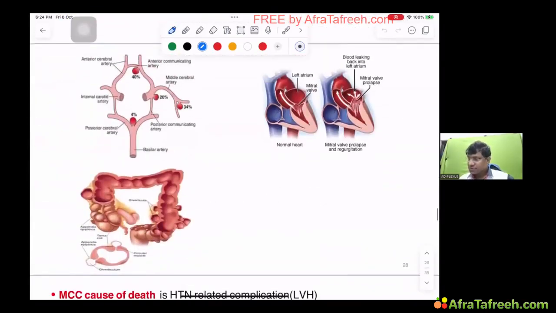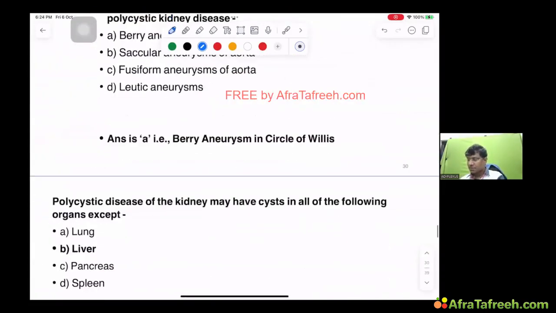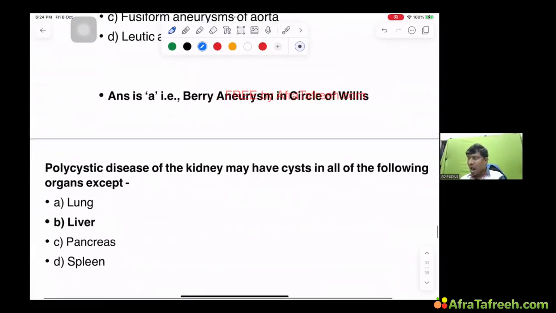Okay. So this is your Berry aneurysms. This is the most common site, the junction of anterior cerebral and anterior communicating artery. And this is your diverticulosis, which gives you a sawtooth appearance on barium enema. And then you'll have mitral valve collapse. Cysts are seen in all organs except the lungs.